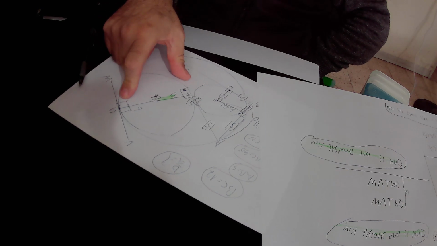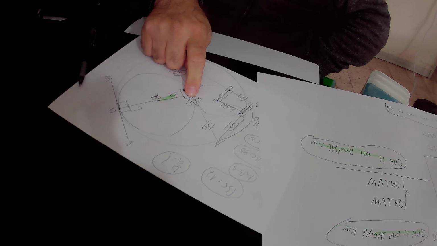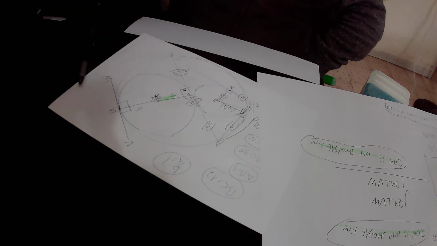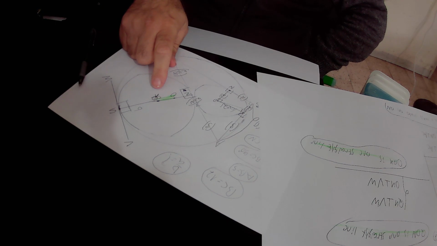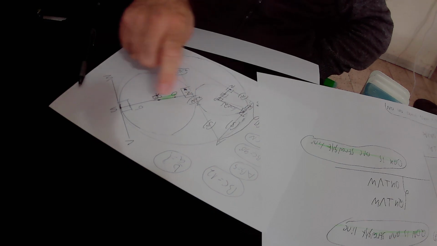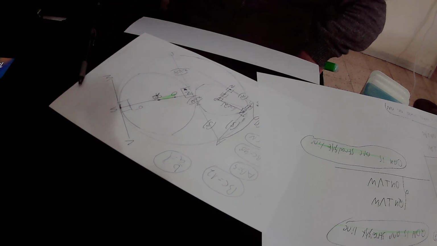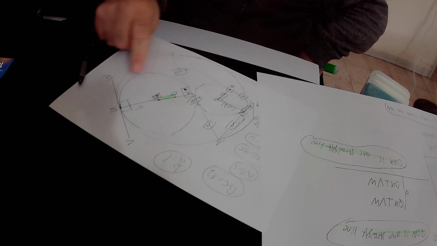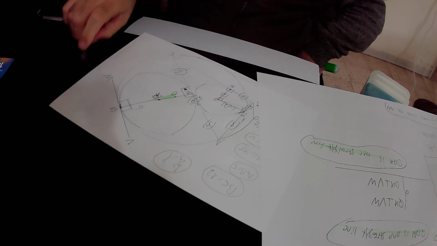NU is a straight line that touches the circle at points N and U. Therefore NU is a chord that passes through point Q, that is the center of the circle. And any chord that passes through the center of the circle must be the diameter of the circle. Therefore NU is the diameter of the circle.